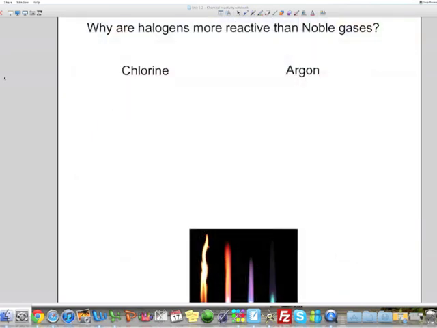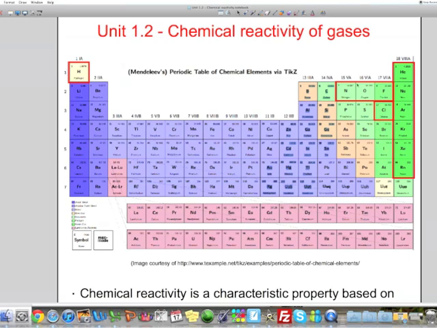So if we look at why certain elements react faster than others, such as chlorine and argon, we have to look again at their valence electrons. So if we go back to the previous page where we have the periodic table, we'll look at chlorine. And chlorine is number 17, so we're going to draw it.